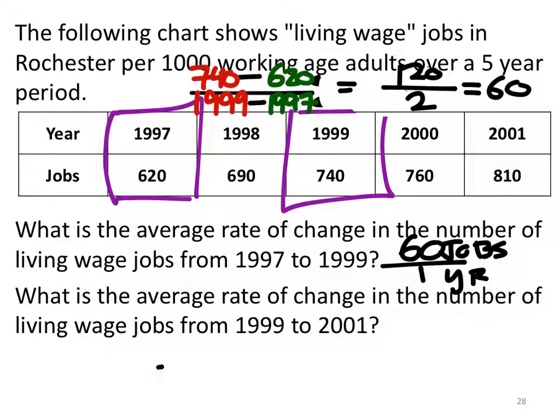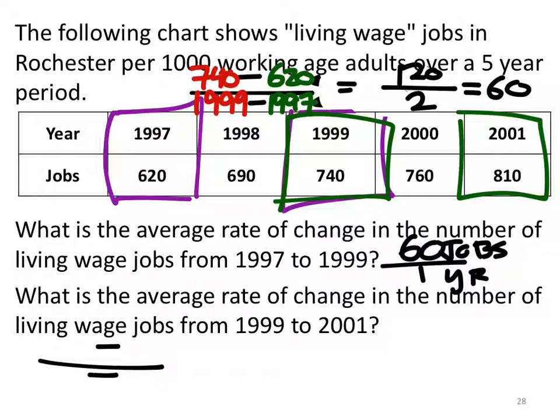This next one is going to work the same way, except for this time we're looking at 1999 again, and then to 2001. So I'm going to start with 2001 in this case. So in 2001, there were 810 jobs. And then in 1999, once again, there were 740 jobs.